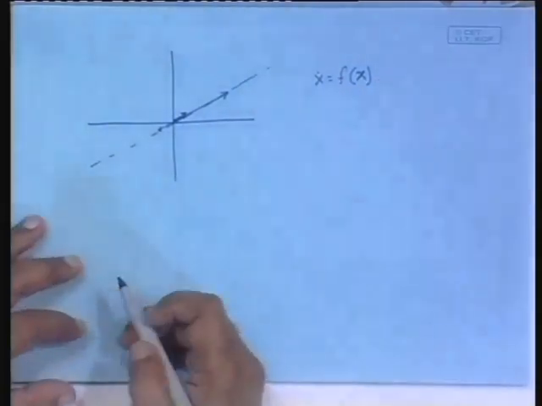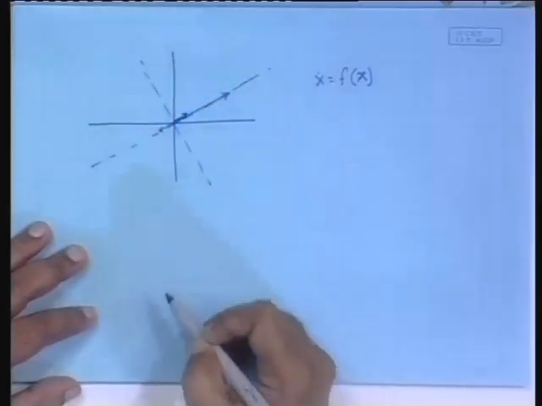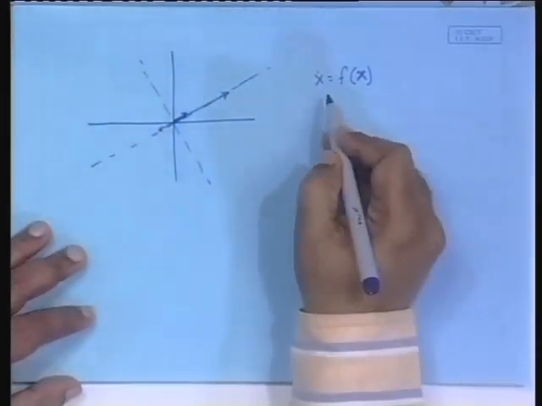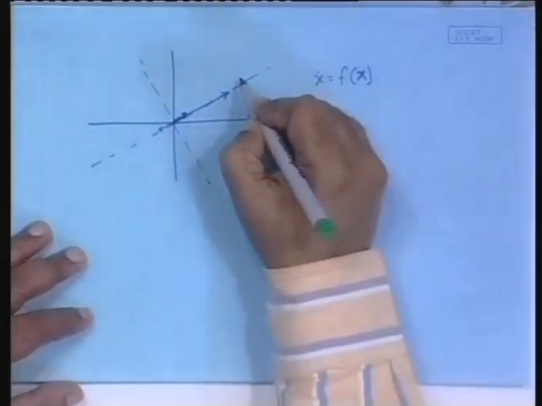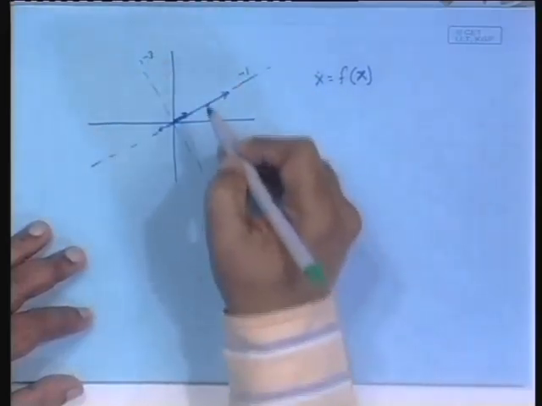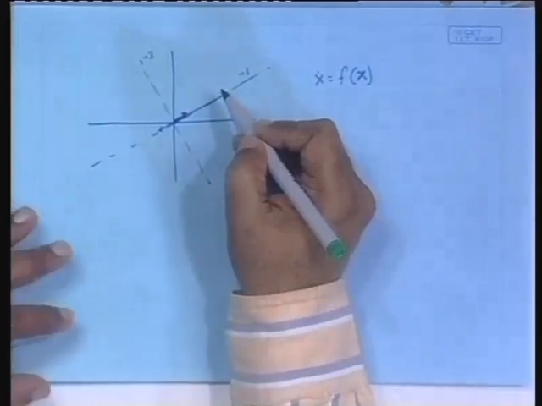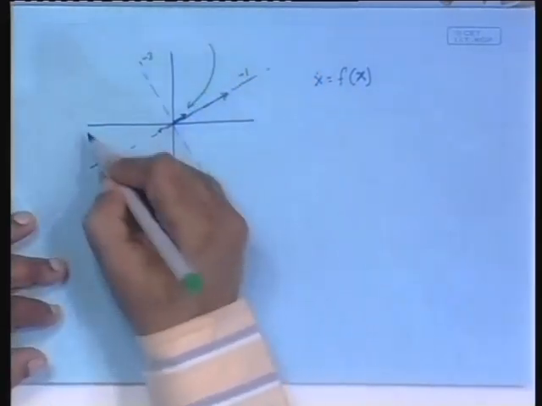Following that argument, we concluded that if there are two eigen directions in the system, then if the eigenvalues are negative, say -1 and -3 in both the directions, then the behavior would be like so.